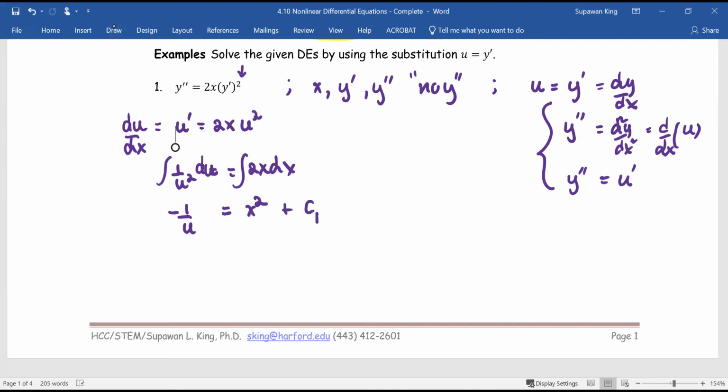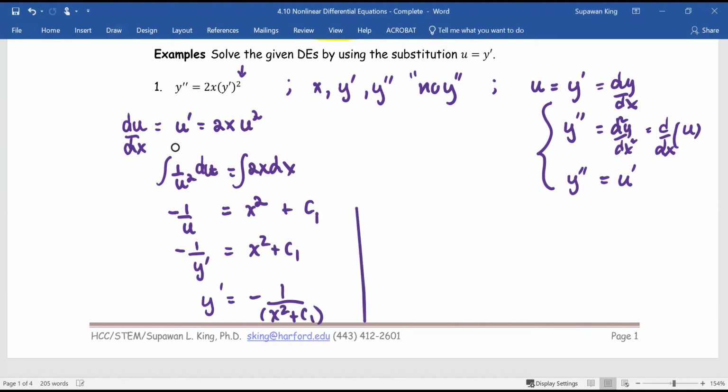And since u is y prime, or dy by dx, we place it into the equation to have negative 1 over y prime equals x squared plus c1, or y prime equals negative 1 over the quantity x squared plus c1.